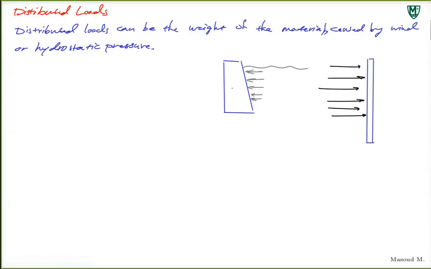Now, that's also a distributed load. So these are real world engineering examples where you have to take distributed loads into account. There is no way to avoid distributed load, right? So how do we do that?